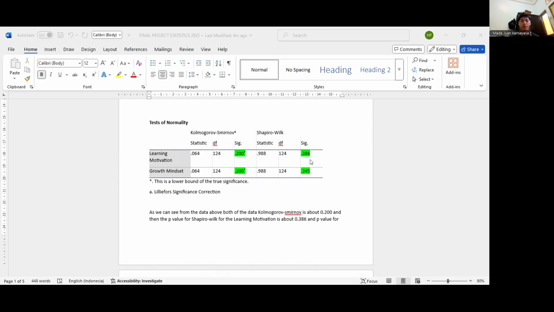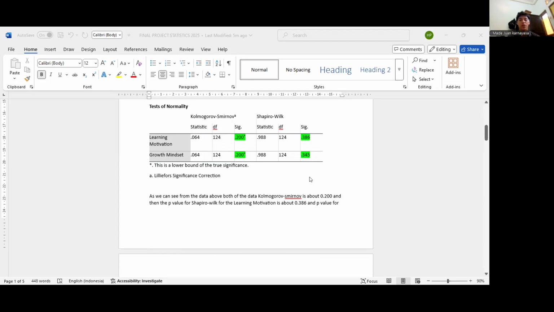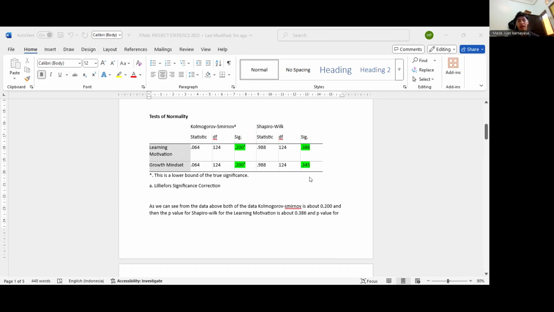And the p-value for growth mindset for the Shapiro-Wilk is about 0.345. So both of my data are normal.